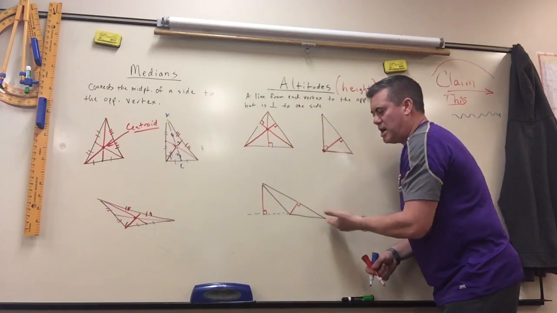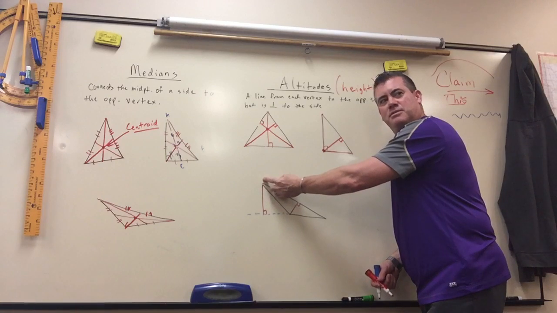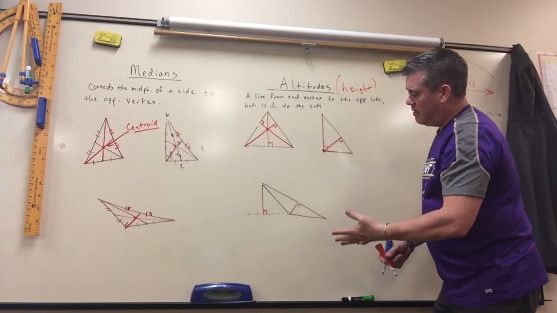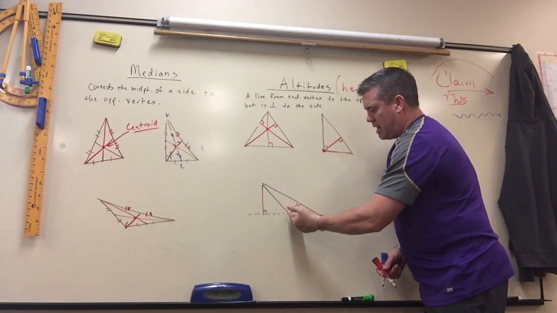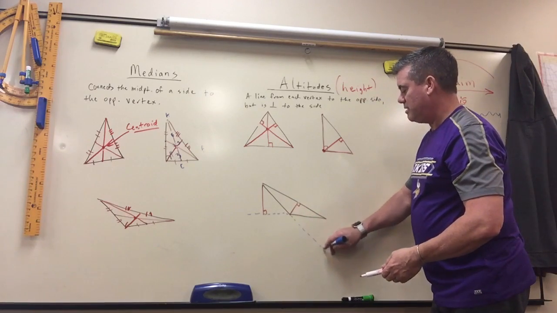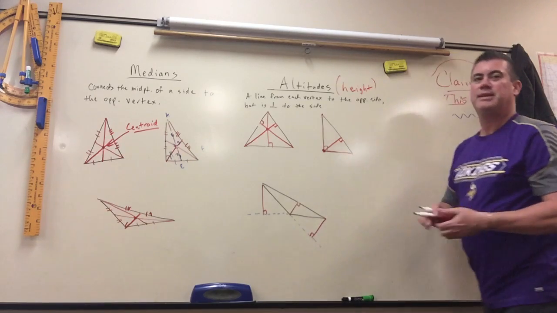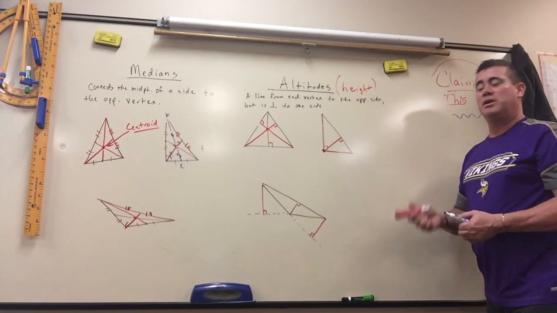Like this is the ground, so you'd have to walk all the way out here to see how tall it is. And then if this were the bottom and you were measuring to this peak, you'd have to extend this side and then measure up at it like that.